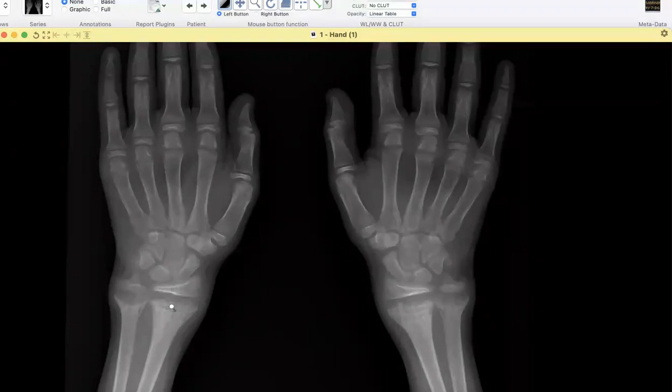So the differential that you were giving, hemoglobinopathy, storage disorders, glycogen storage disorders, and even osteopetrosis, lead poisoning, all of that is flaring, not fraying. So this is FRAY. That would be FLAR. Okay, so just keep that in mind.